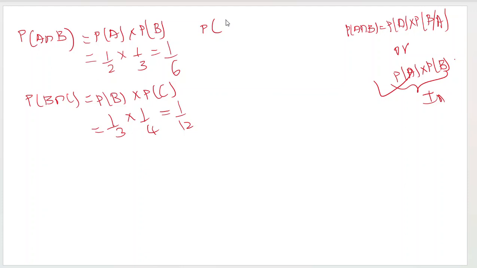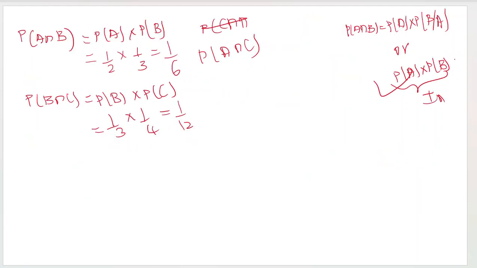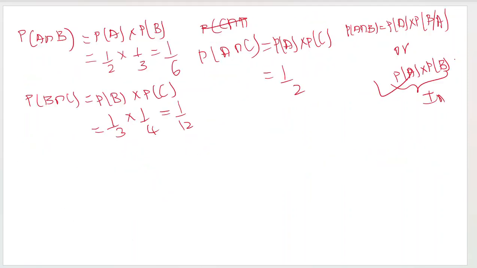Next we find P of A intersection C, which is required over here. This is same as P of A multiplied by P of C. P of A is 1 by 2. P of C is 1 by 4. So we get the answer as 1 upon 8.